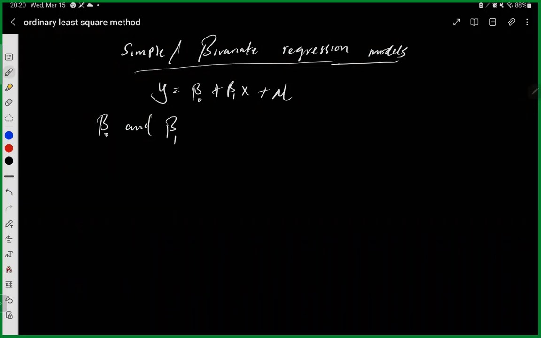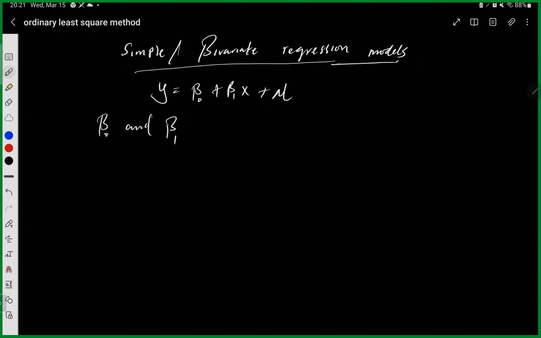It's rare that we find ourselves measuring the exact relationship between two or more variables because of the reasons we gave yesterday: measurement errors, omitted variables, vagueness in theories, and things that cannot be quantified but would affect the dependent variable. So usually what we do in regression analysis is simply get estimators of beta naught and beta 1 in the case of a bivariate model.